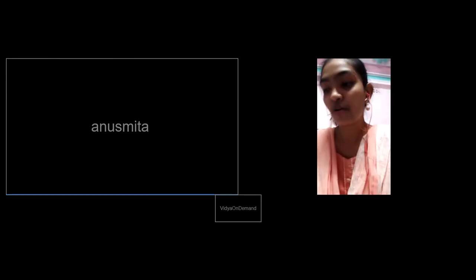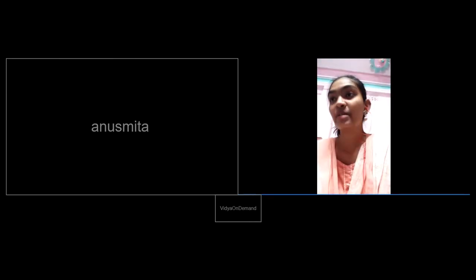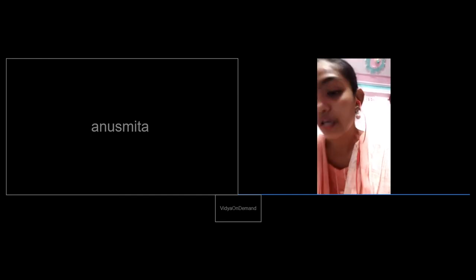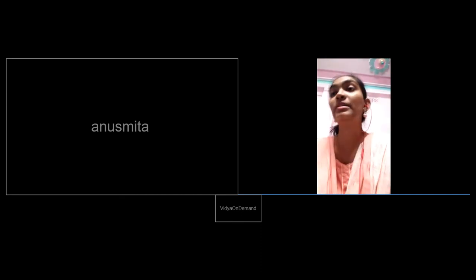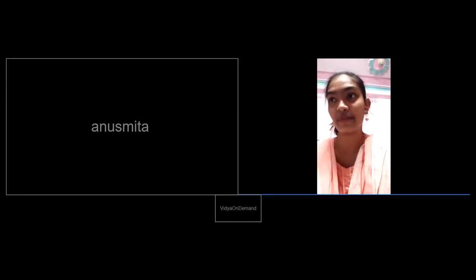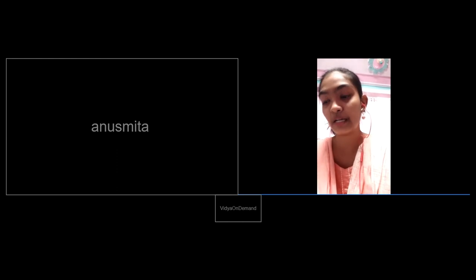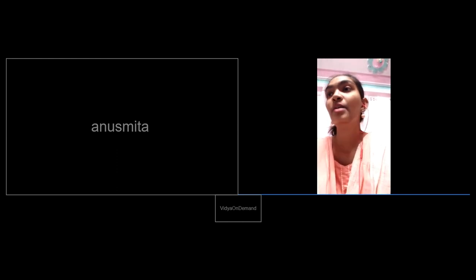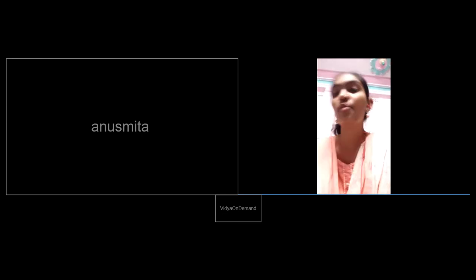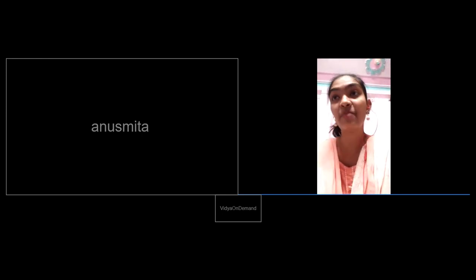In geography, we are also learning about scientific approaches, such as GIS, Geographical Information System. It is a system where we can do map making. We can make maps in the computer, right?